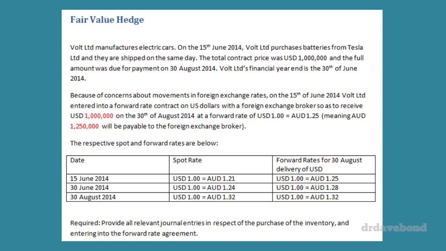Now, how do we figure out the fair value of the hedge? On the 15th of June, we have two things, because we've entered into a contract, and assuming the other party is all good for it, we have a receivable.